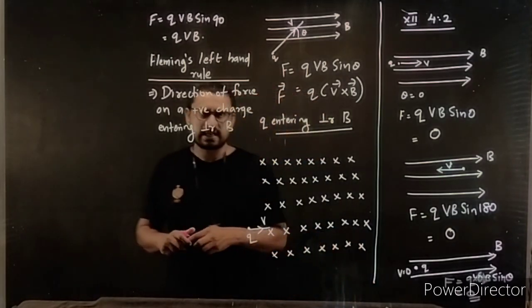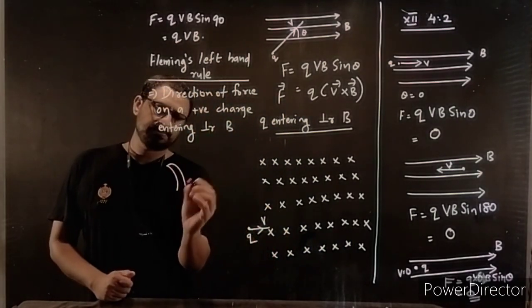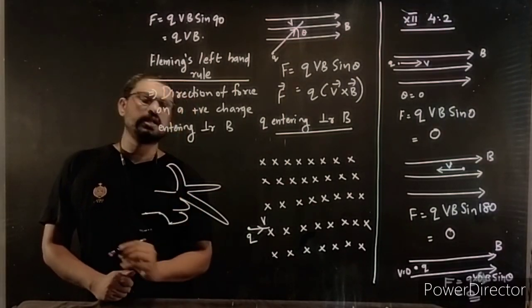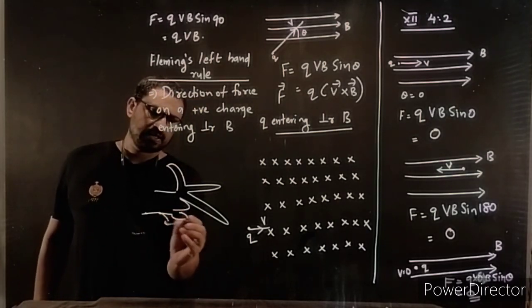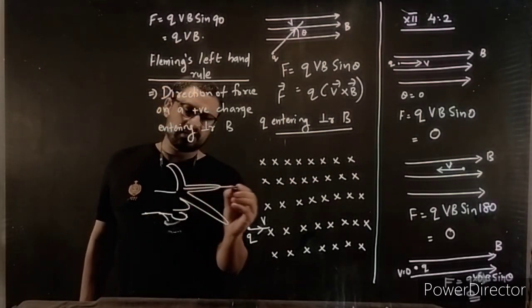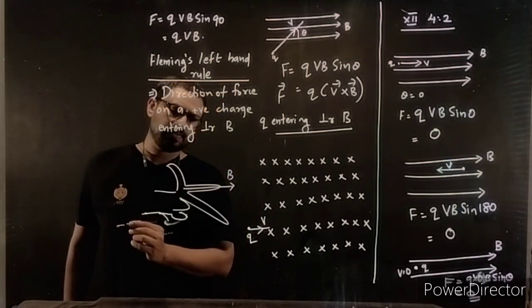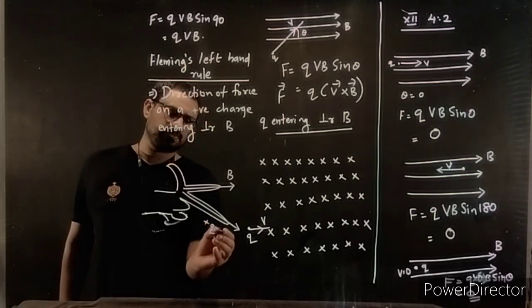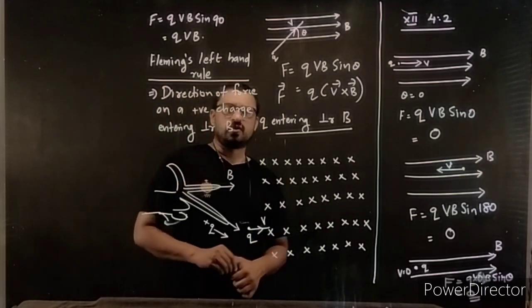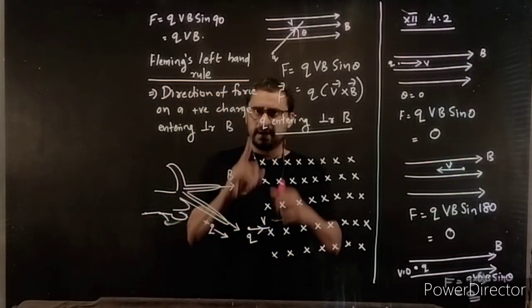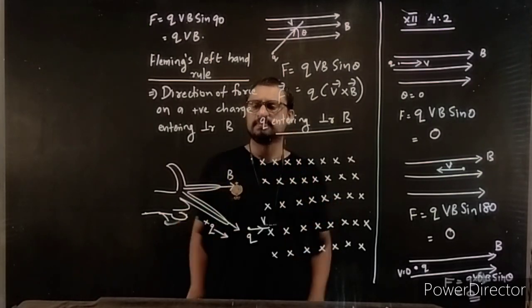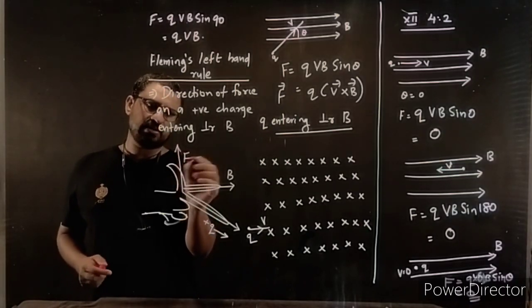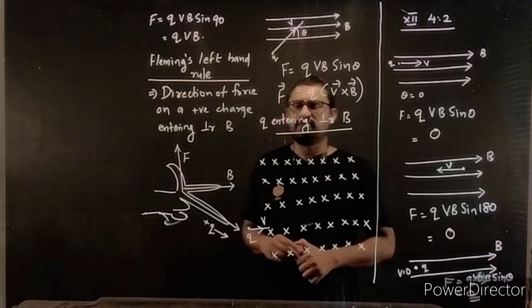The law states that if this forefinger represents magnetic field and middle finger represents direction of motion of positive charge, then the thumb will give you the force acting on it.